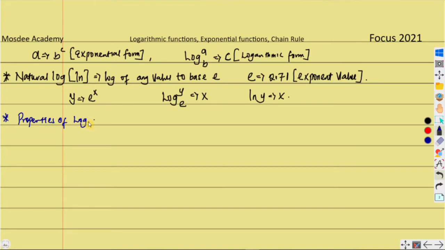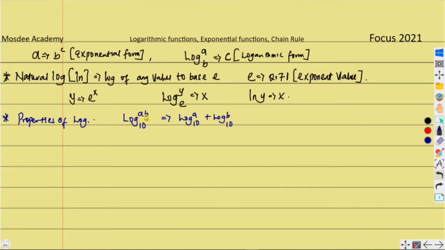In early classes, you might have studied that if you have log of a product to the base of 10, let's just take that, log ab base 10 is the same thing as log a base 10 plus log b base 10. I hope students still remember this.